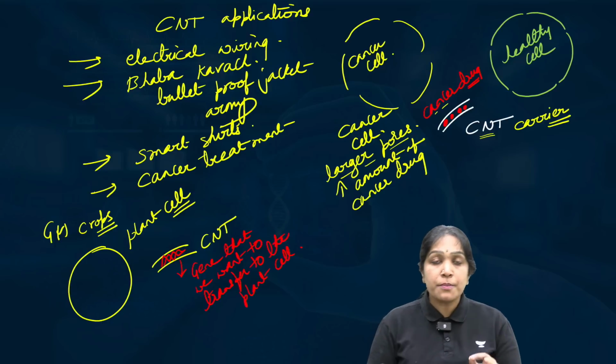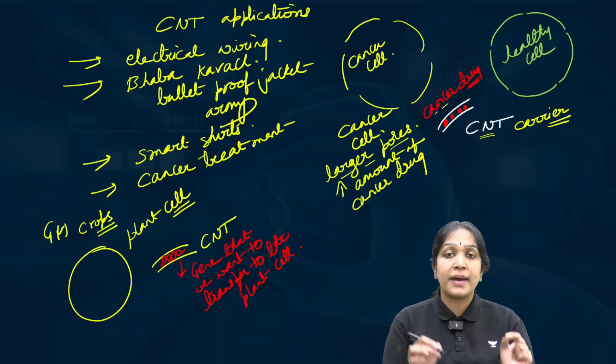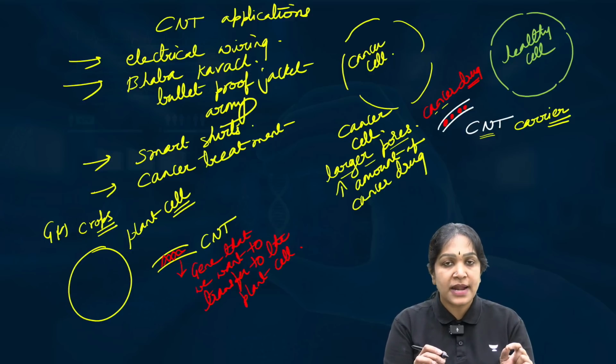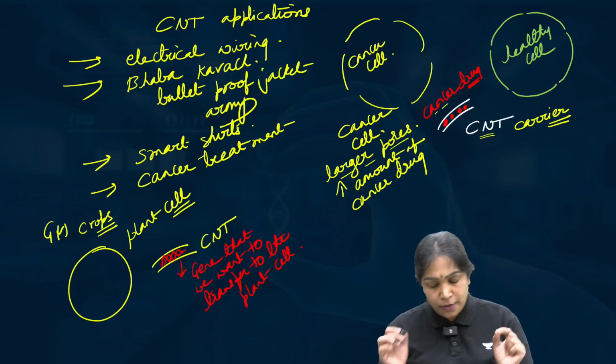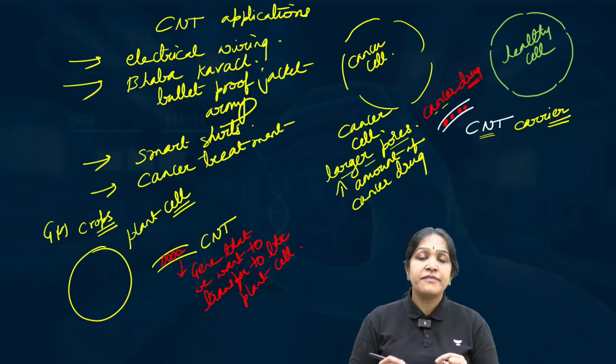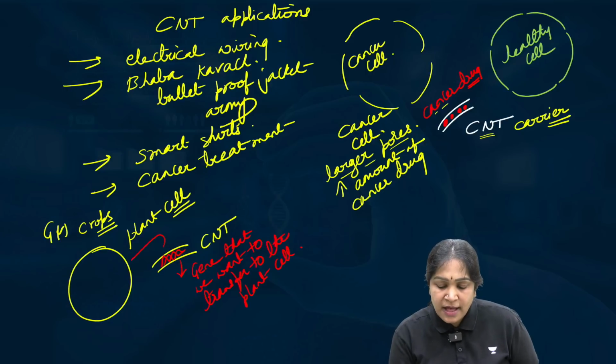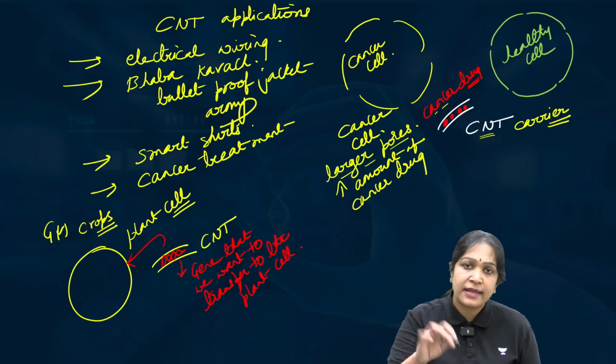I want to modify the plant cell by giving it a new gene. Very good. But how are we sending that new gene into the plant cell? Using carbon nanotube as a carrier.